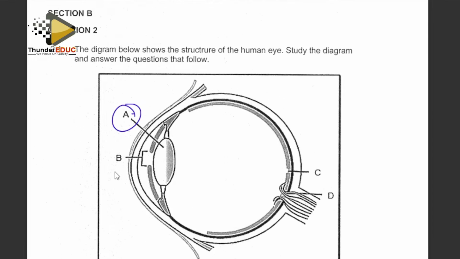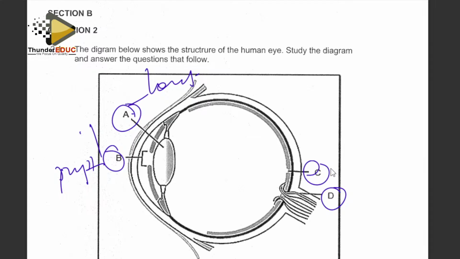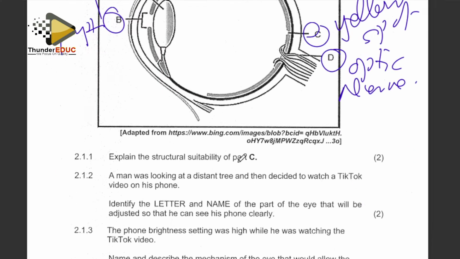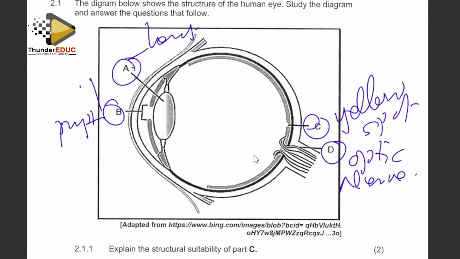Remember, I always tell you that once they give you such a diagram, label it. So we say this is the lens, this is the pupil, this is the yellow spot, and this is the optic nerve. Okay, we continue now with the question. Let's go and smash the question. Explain the structural suitability of C. Meaning, what is C? Remember, yellow spot, that's where the clearest image is formed.